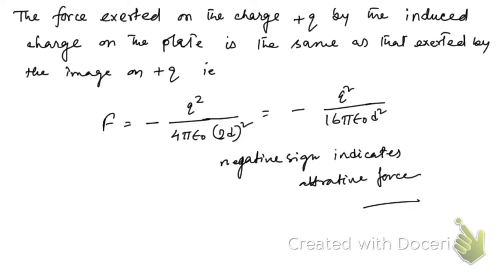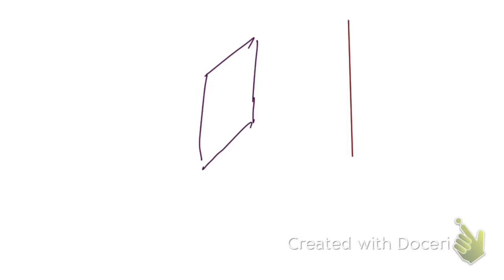Before we find the total charge induced, let me tell you something. Suppose this is the infinite conductor plate, and here is the charge q. The charge induced on this plate due to this q will be negative, because q is positive. Now suppose I draw a perpendicular to this point.